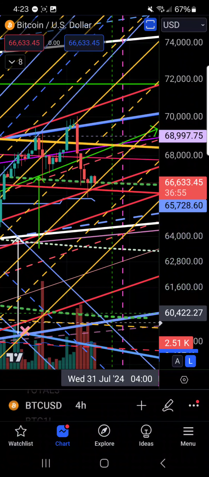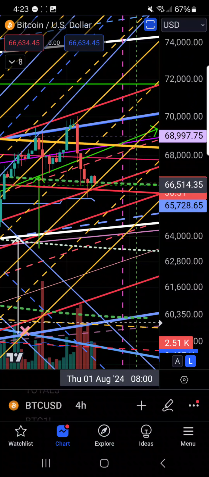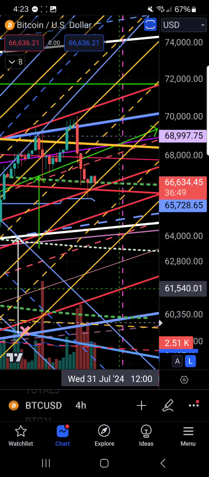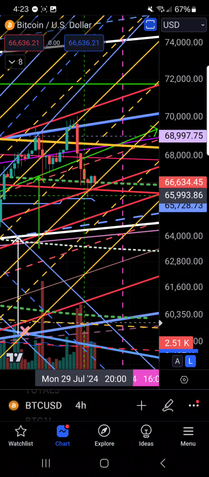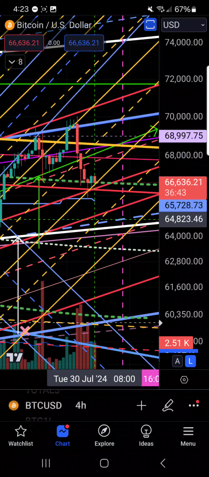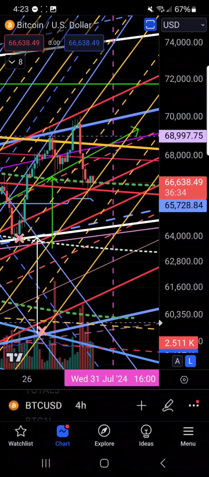I have two different red channels here, and they overlap each other. I have the bottom of this one here, and the top of it there, the bottom of the upper one here, and the top of it there. Which is kind of a weird setup, even for me, but that's just the way I see it.